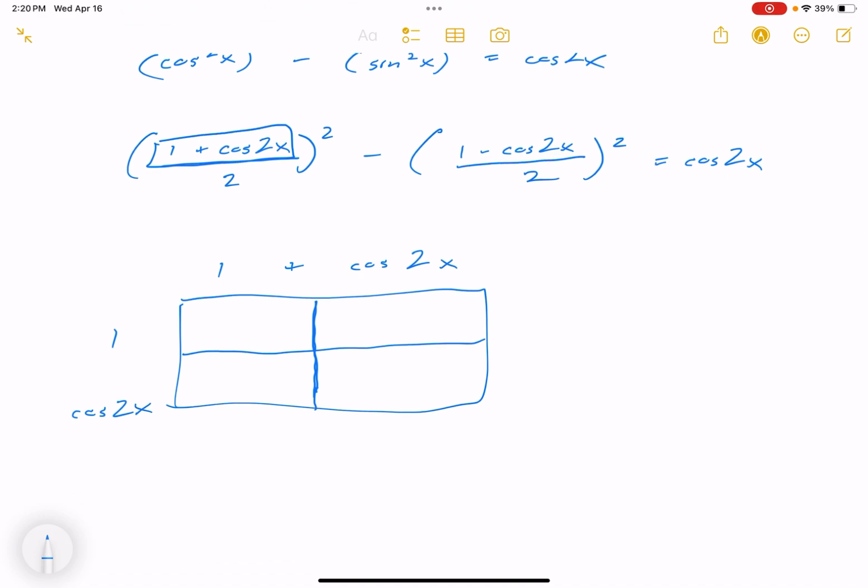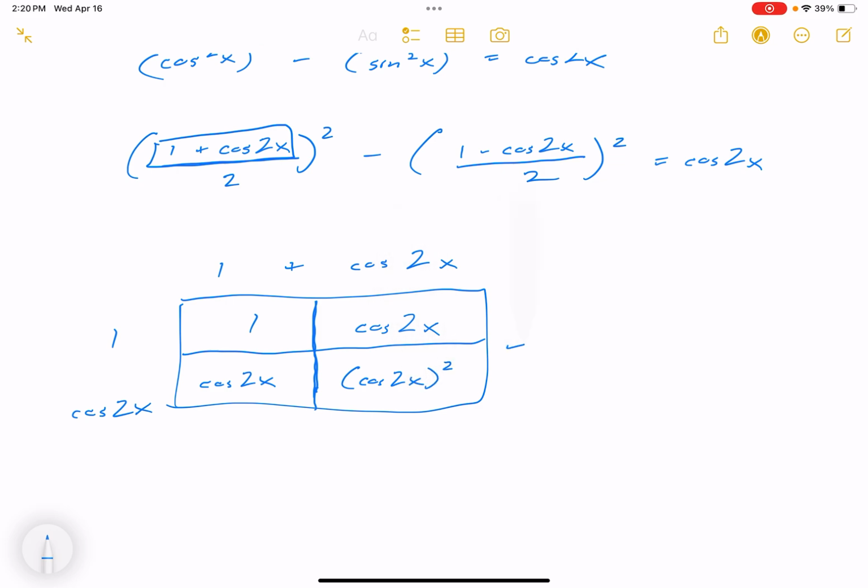So 1 times 1 is 1. Cosine 2x times 1 is cosine 2x. 1 times cosine 2x is cosine 2x. And then cosine 2x times cosine 2x is going to be cosine 2x raised to the power of 2.